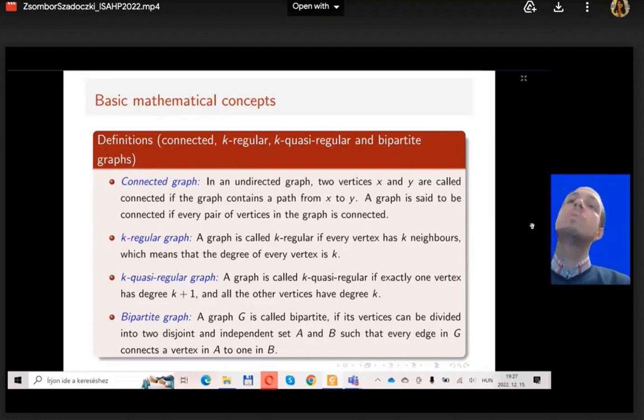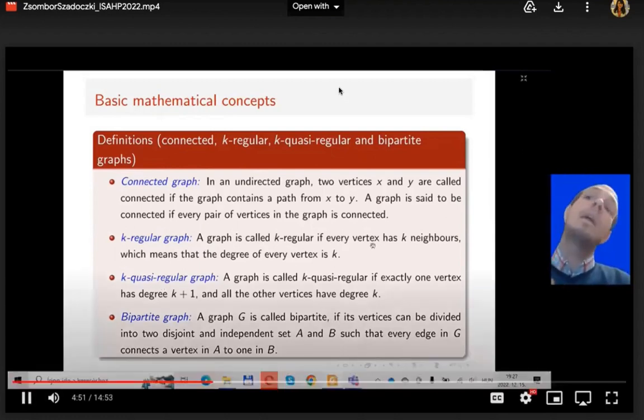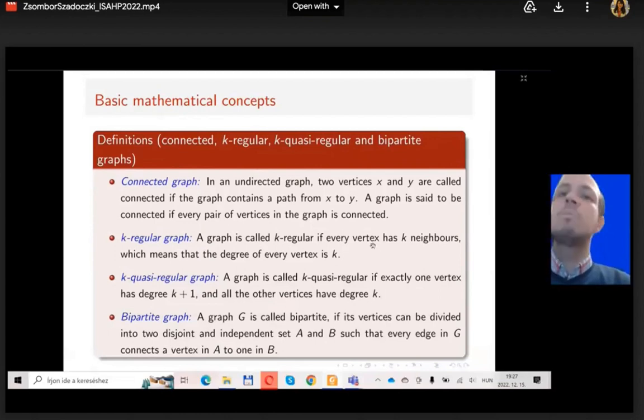So these are the most important mathematical concepts for us. As I've said, we are only focusing on connected graphs. A graph is connected if there is a path between any two vertices of the graph. K regularity and K quasi-regularity: in a K-regular graph, every alternative is compared to the same K number of alternatives, but for some parameters, this is not possible.